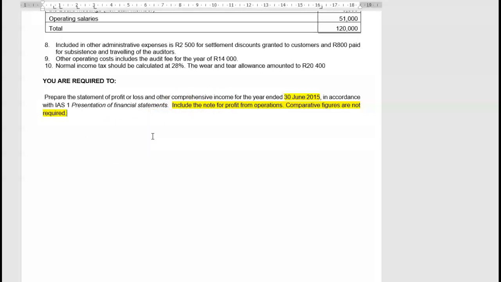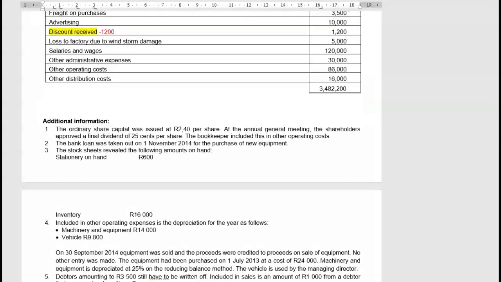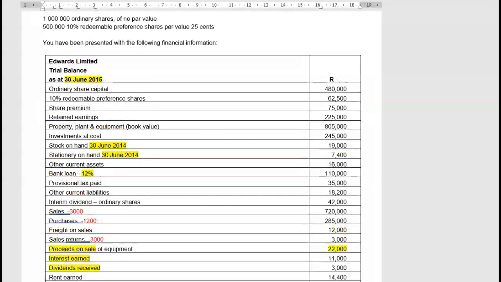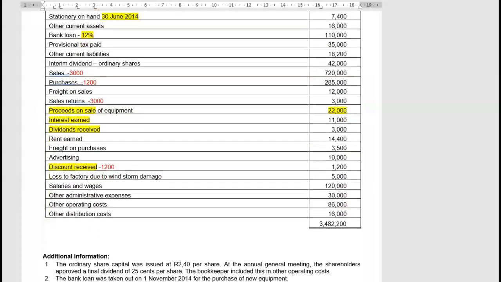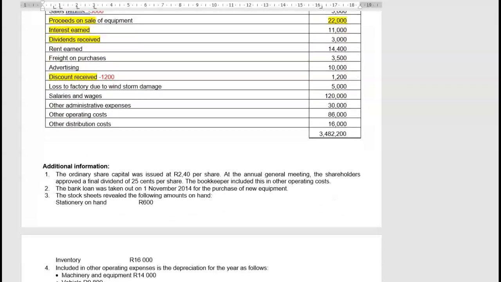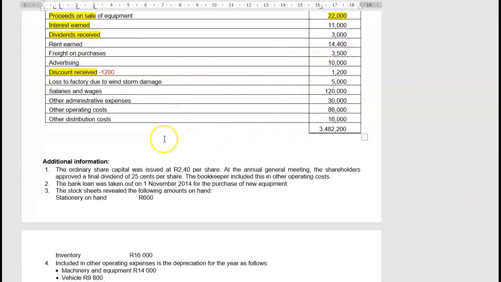And then you're going to have expenses. And as you go along in the question, you're going to complete it. Please do not put any unnecessary items on the face of the income statement. If you do so, you will be severely penalized in the marks that you receive. Okay, now let's start. The ordinary share capital was issued at R2.40 per share.